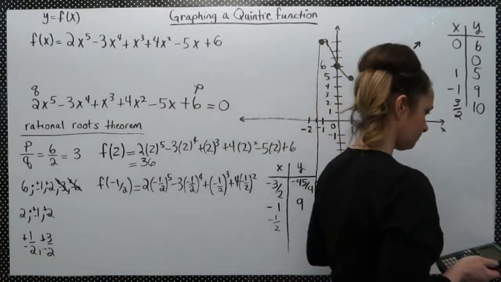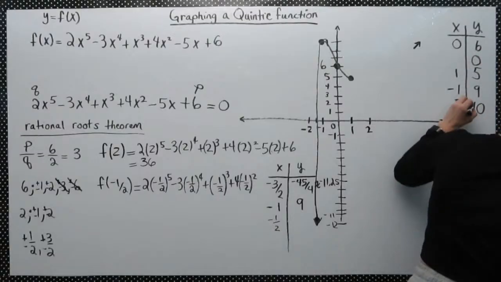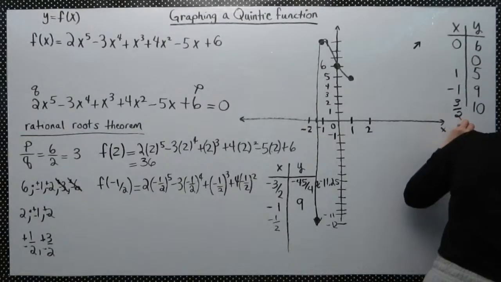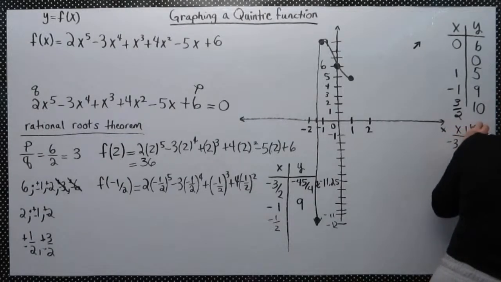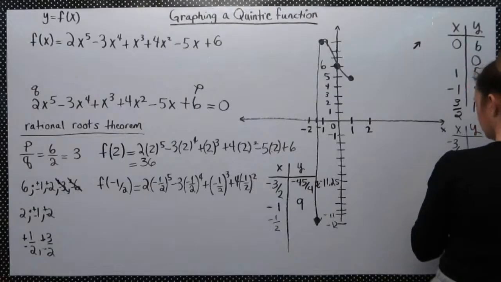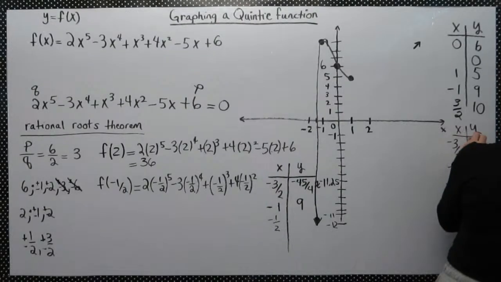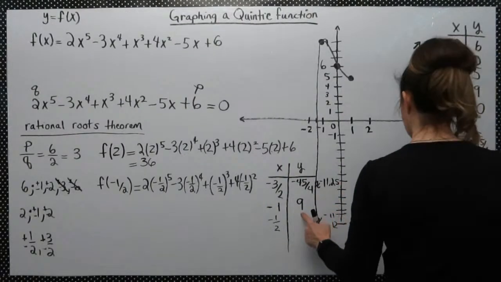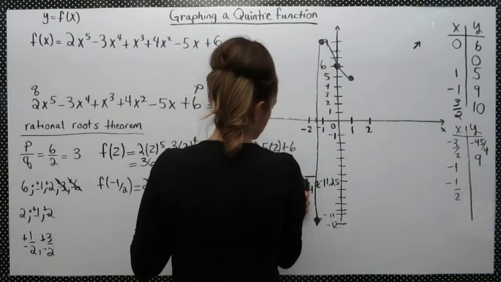I'm out of room. Let's see where I'm at this table. Let's scoot over. Negative 3 halves, comma y, negative 3 halves, negative 1. This was negative 45 over 4, 9, and I don't know what 1/2 is. I'm just going to scoot this table over. All right.